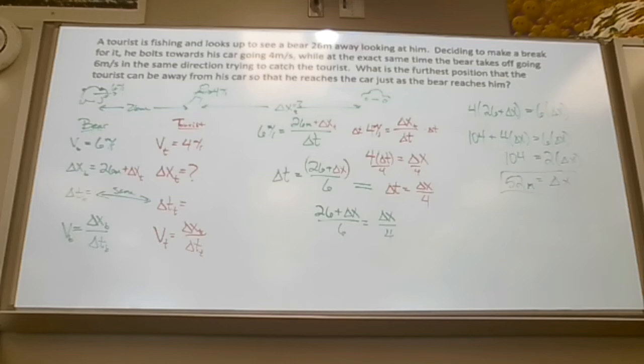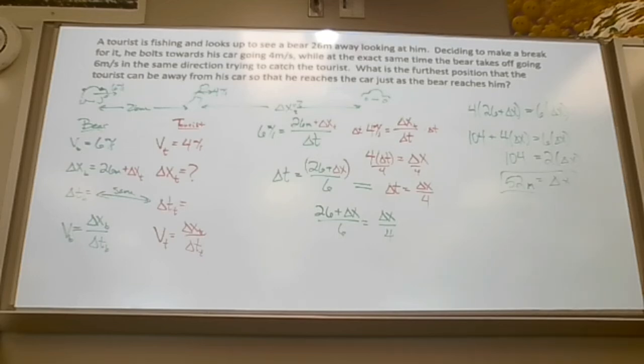The conceptual, intuitive way to do it is: the bear runs 2 meters per second faster than the tourist. So every second that goes on, he gains 2 meters.